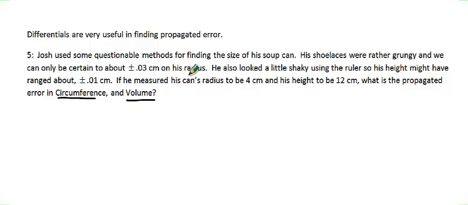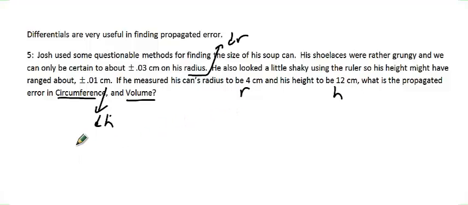Okay, so this is dr. He also looked a little shaky using the ruler, so his height might have ranged about plus or minus 0.01 centimeters of height. So this is dh. Okay. If you measure this can's radius to be 4, so r equals 4, and h is 12, what's the propagated error in circumference and volume?